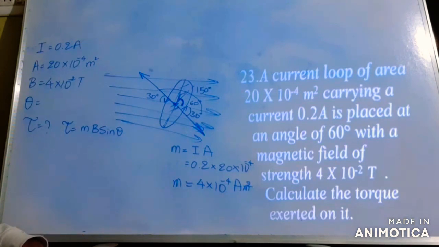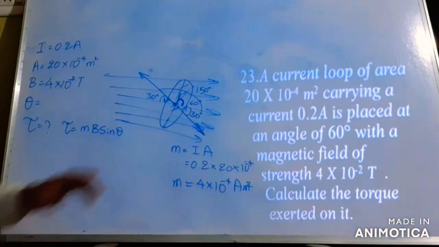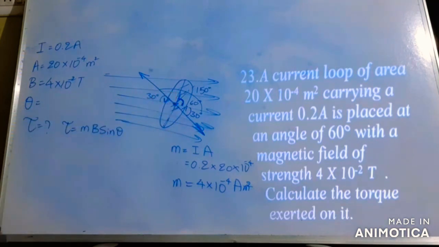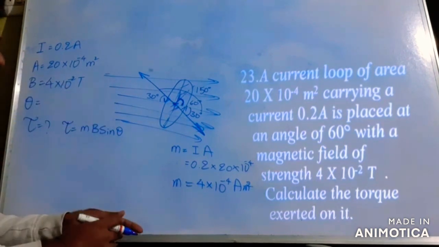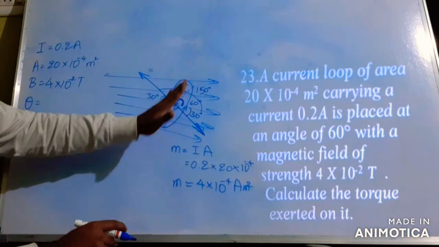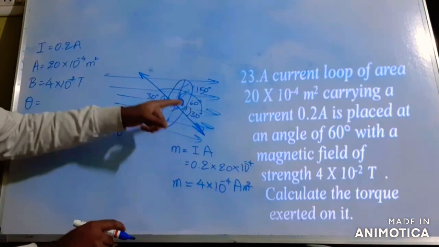So don't need to bother about it. Even if you take 30 degree or 150, that will not affect the value of torque experienced. Finally, you should have the idea that the angle made by the magnetic field with the plane of the coil is given, which is 60 degree.